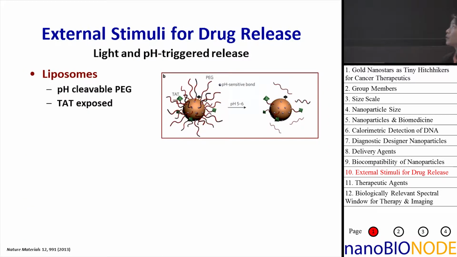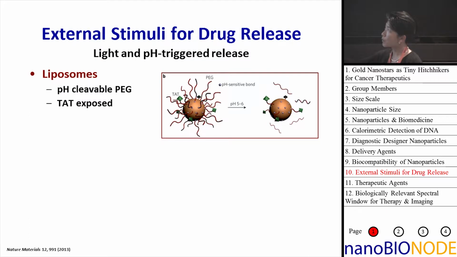Okay, some other examples for drug release is again the use of liposomes. So liposomal carriers are the first ones that were FDA approved. Okay, so this whole idea of putting things in terms of small little packages, I think this was about 20 years ago.